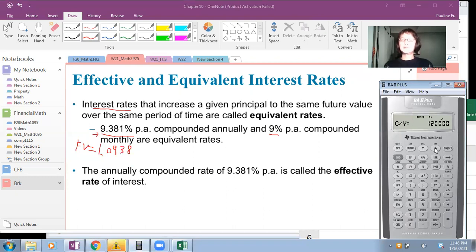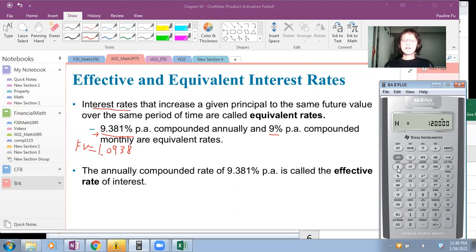Down arrow, CY is 12, second quit. Now enter $1 as present value. 0 is PMT. 1 year has 12 months, so 12 is N, because it is compounded monthly.